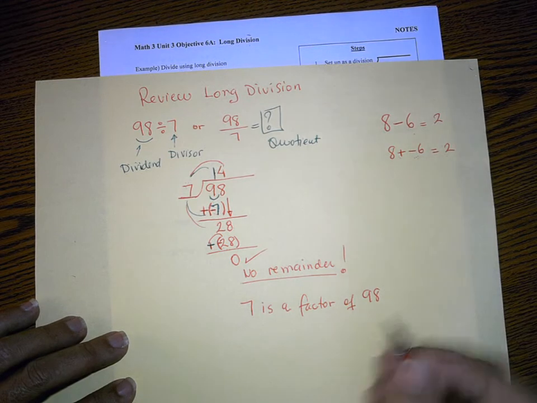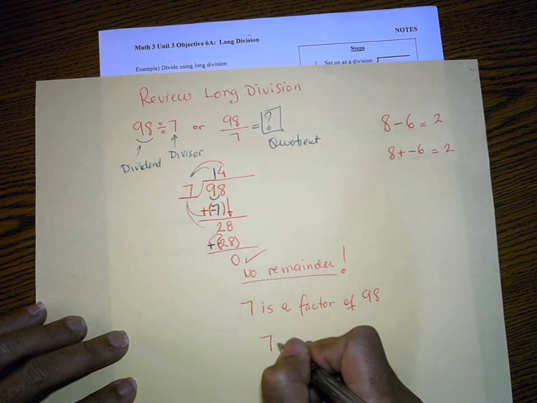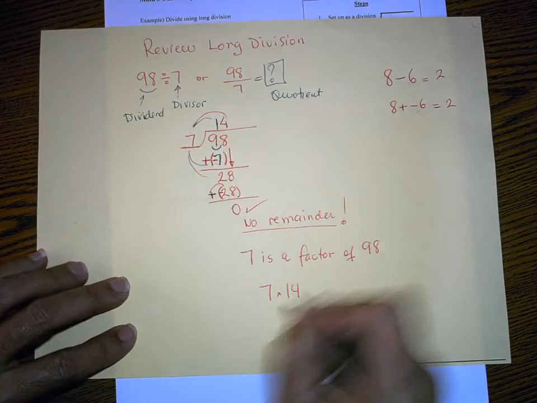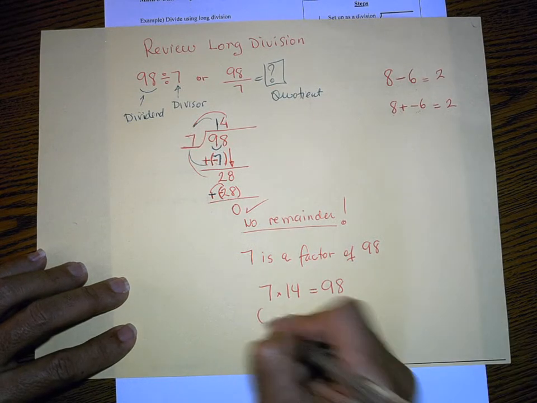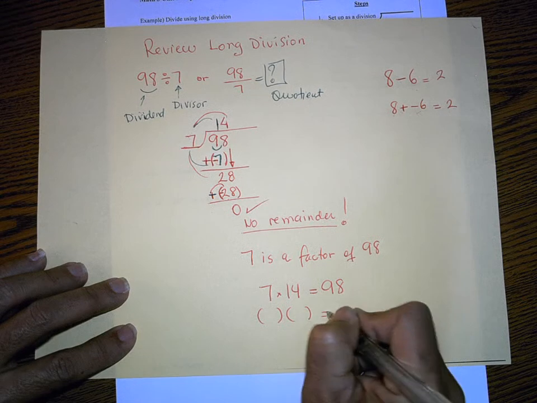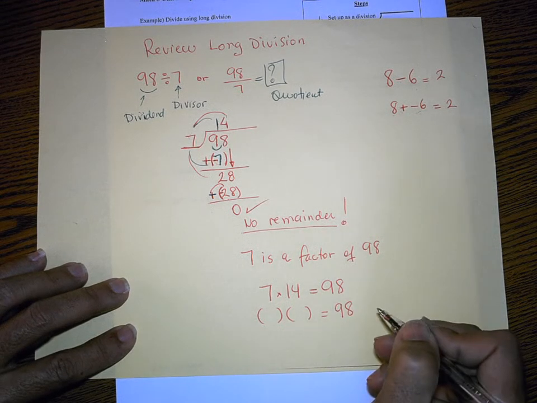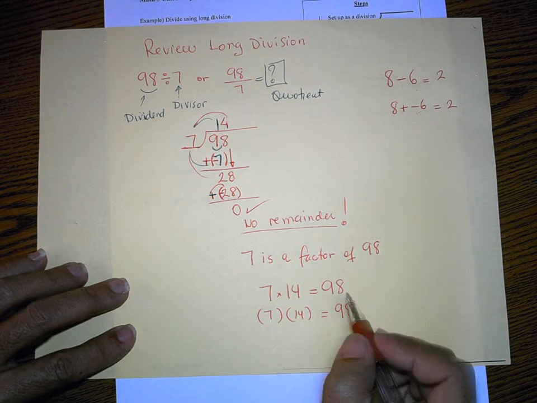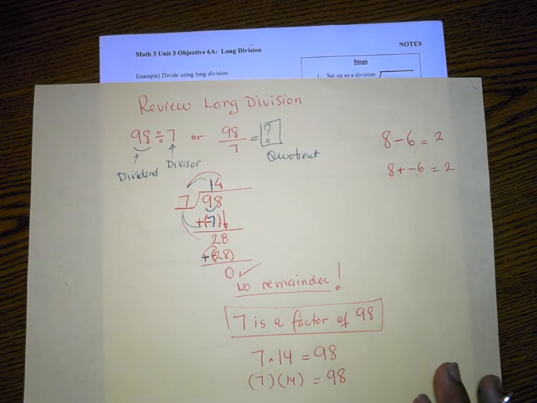As a matter of fact, the divisor 7 times the quotient 14, a factor times another factor, equals the dividend 98. So there is no remainder, so that tells me that the 7 is a factor.